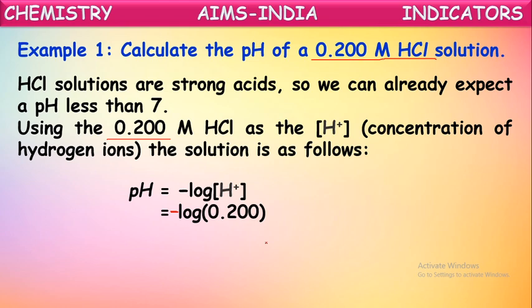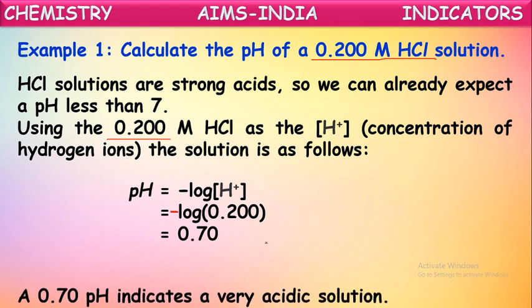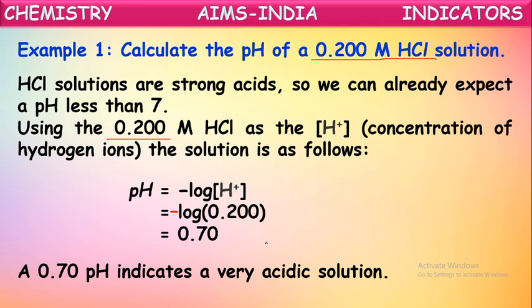If you calculate the value of minus log 0.2, we get 0.7. So a pH of 0.7 indicates a very strong acidic solution.